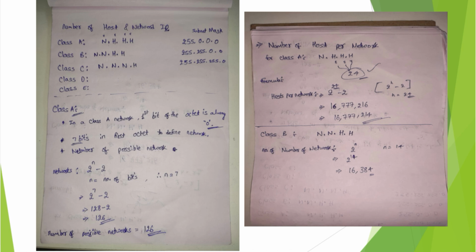Here you can see there are three host octets. 8 plus 8 plus 8 is nothing but 24. So 2 power 24 minus 2. There you can directly get the number of hosts, a very big number. In real time it doesn't matter, but if you want to know how many networks and hosts there are, you just have to learn it.